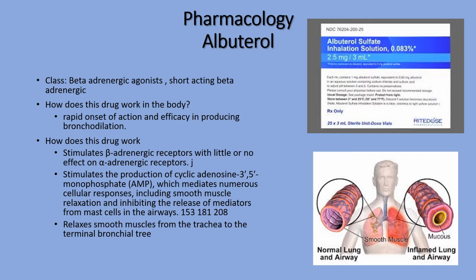So overall, inhaled short-acting beta adrenergic agonists, such as albuterol here, are one of the mainstay therapies for COPD exacerbation because of the rapid onset and the efficiency in producing bronchodilation. These medications can be administered through a metered dose inhaler, or MDI, or a nebulizer.